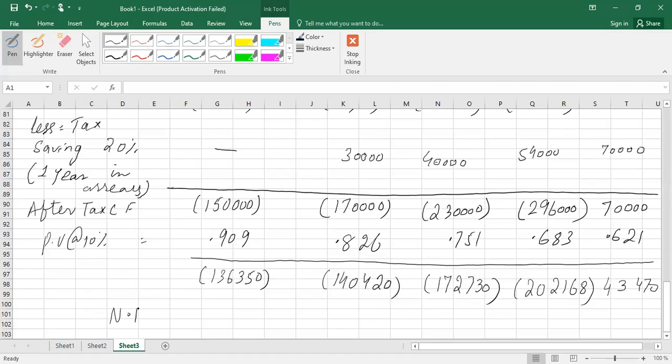Now calculate the NPV of variable cost after tax.